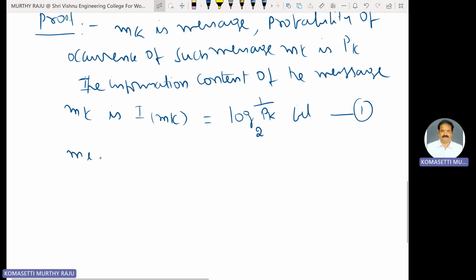M of K is a message. M of L is another message.